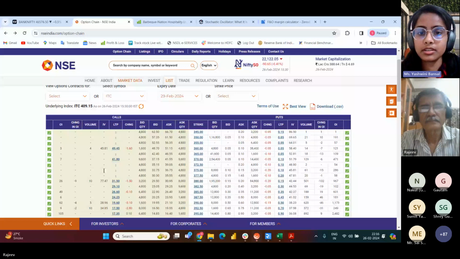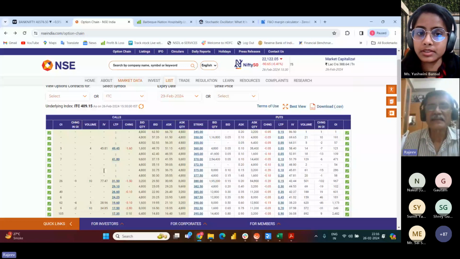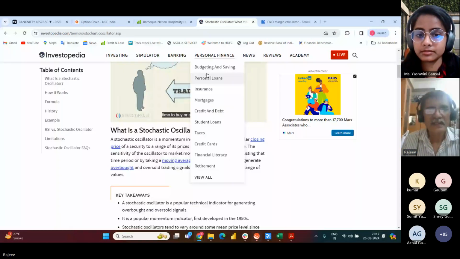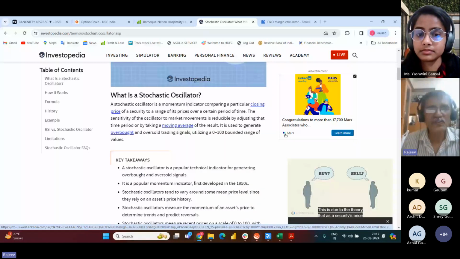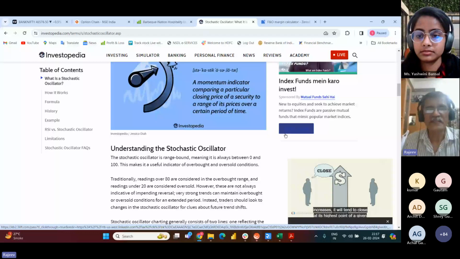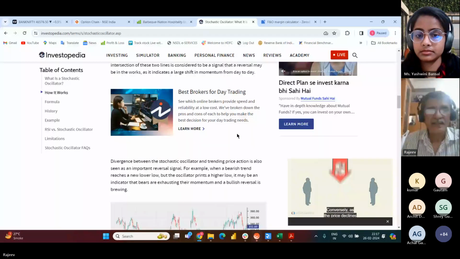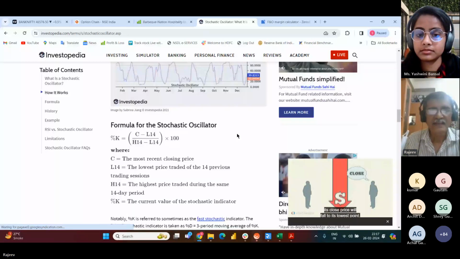Another question: you were showing in the session about MACD and stochastic strategies. Where can one learn more about them? As I said, there is a website, Investopedia, and it will tell you what the stochastic oscillator is, the understanding of the stochastic oscillator, and then its formula, how it is calculated.